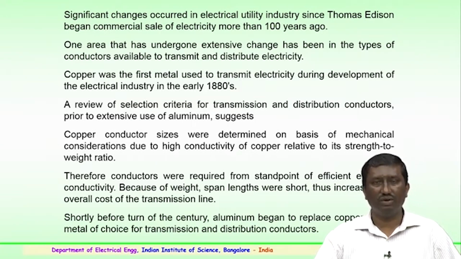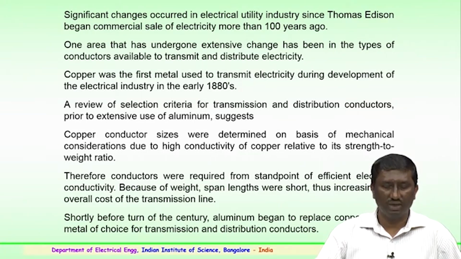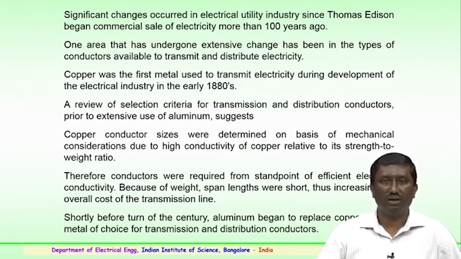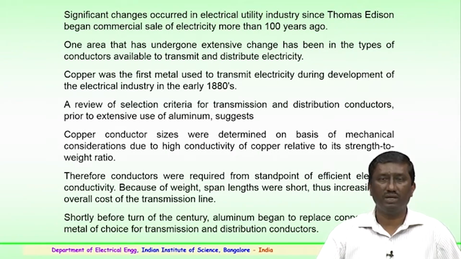Later on, a review of selection criteria for transmission and distribution conductors, prior to the extensive use of aluminum, suggests that copper conductor sizes were determined on the basis of mechanical considerations, due to the high conductivity of copper relative to its strength to weight ratio.